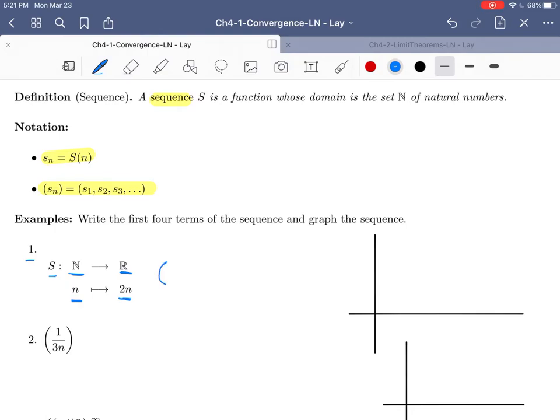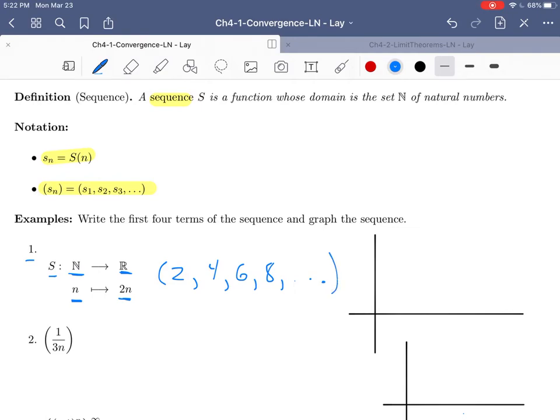So when n is equal to 1, we have 2 times 1, which is 2. When n is equal to 2, we have 2 times 2, which is 4. And then 2 times 3 is 6. And then 8. And it continues on. And so that's what that would look like.